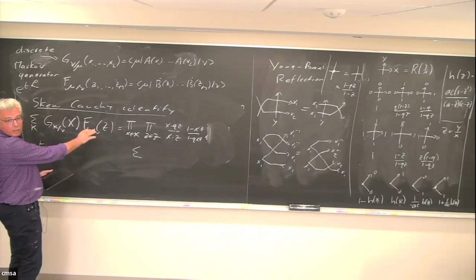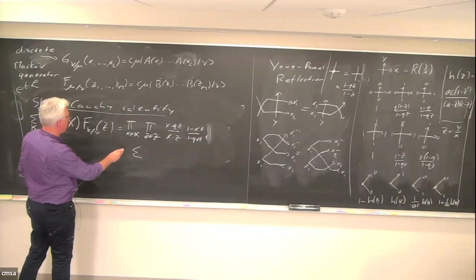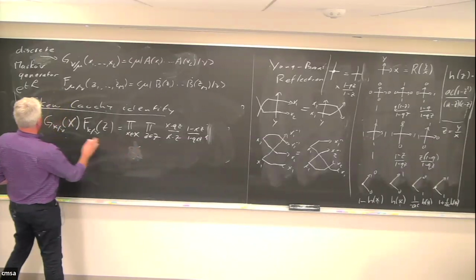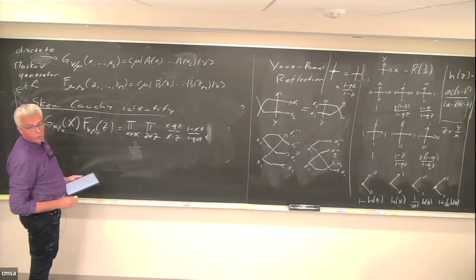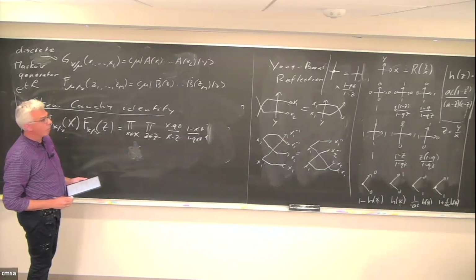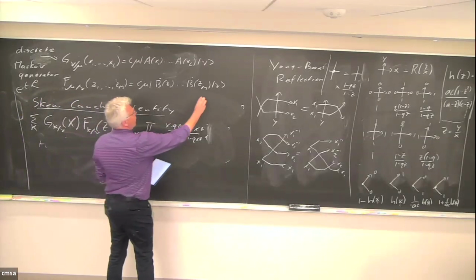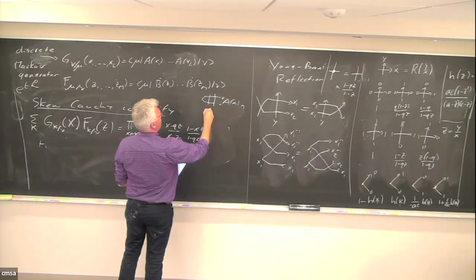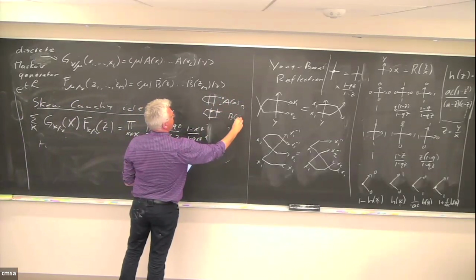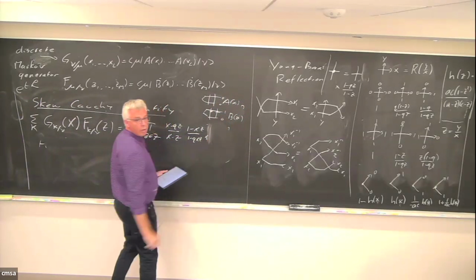I haven't finished writing this out. So it should be g of x still. This is g of x. Sorry, I had a of x, right? And b of z.